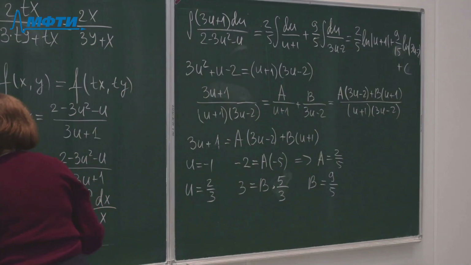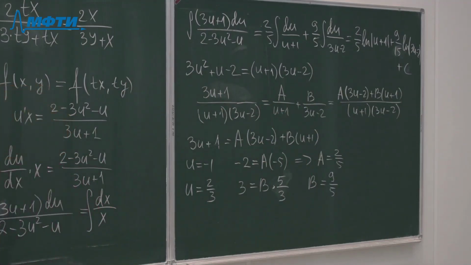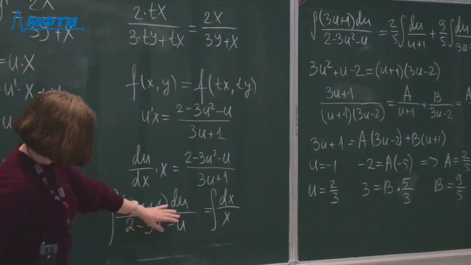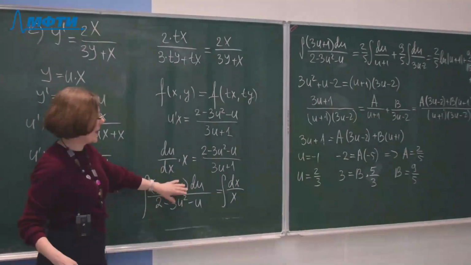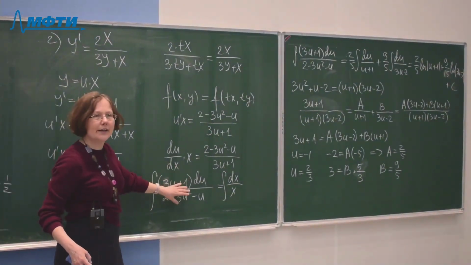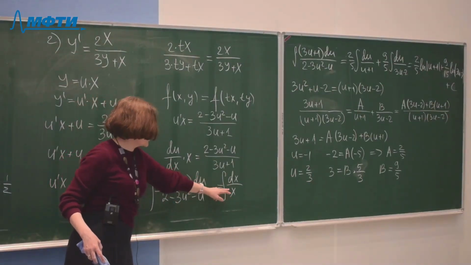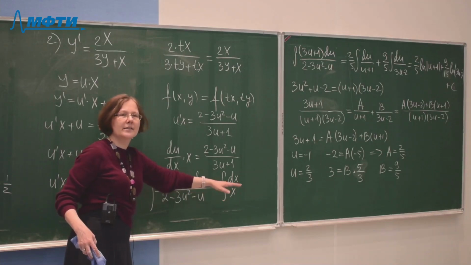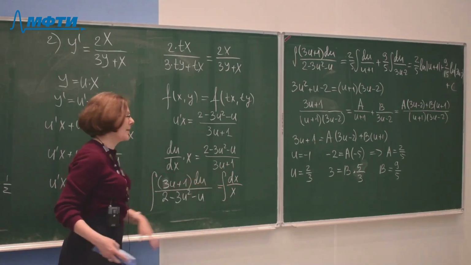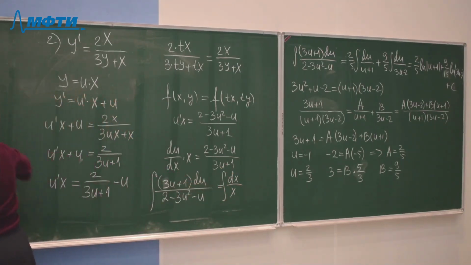So let's go to the original differential equation and continue to solve this. We have found the integral of the left-hand side. Now it is very easy to integrate the right-hand side. It is the logarithm of absolute value of x, and now let's substitute it into our equation.